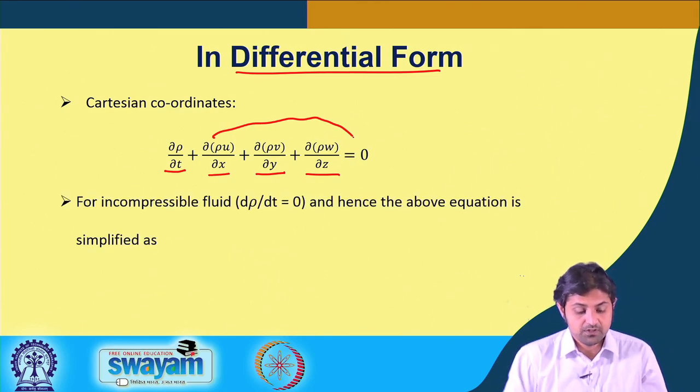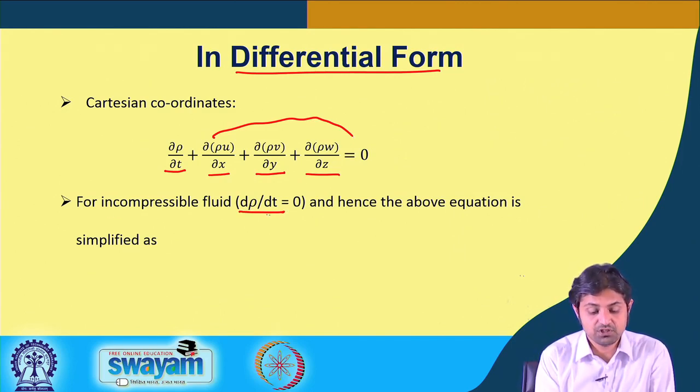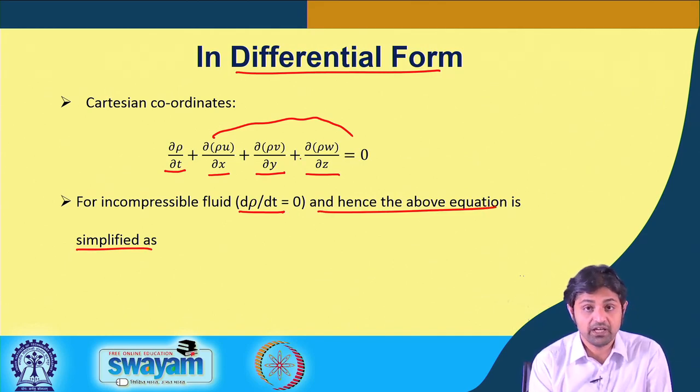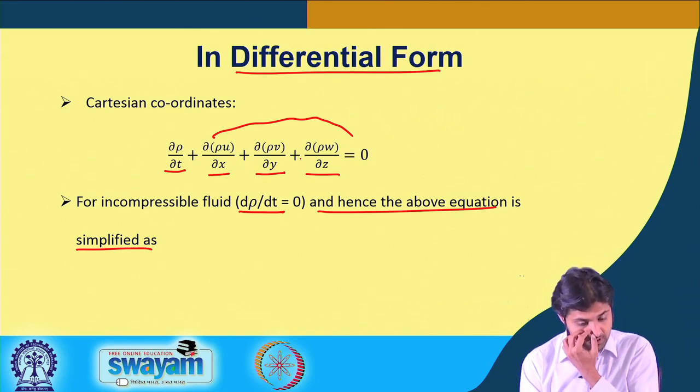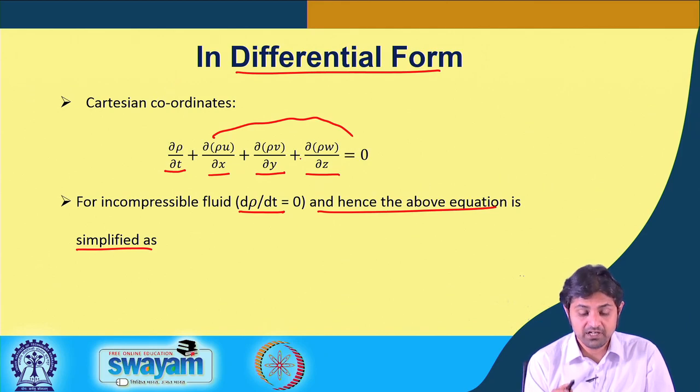For incompressible flow, the density does not change with time, and hence the above equation is simplified. The rho can come out. It does not change with respect to x or the other coordinates, or time.